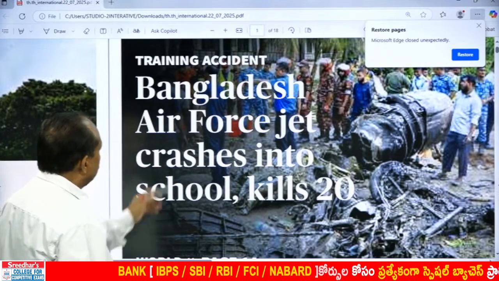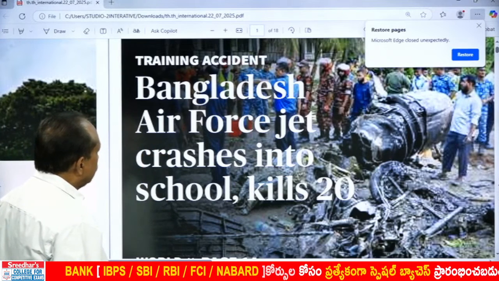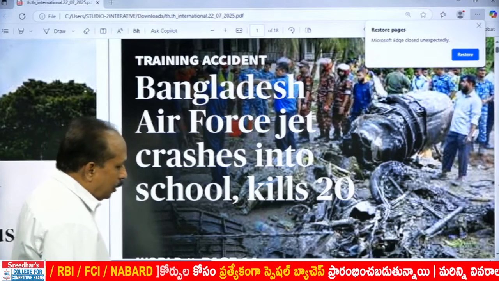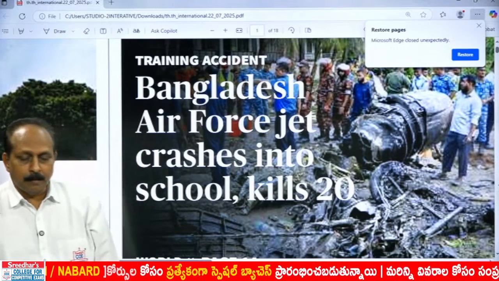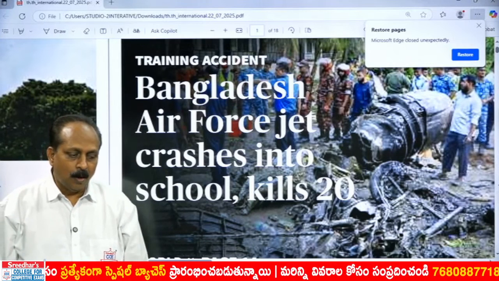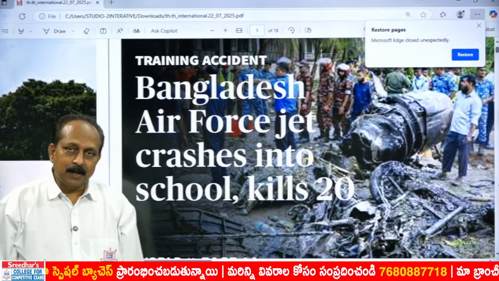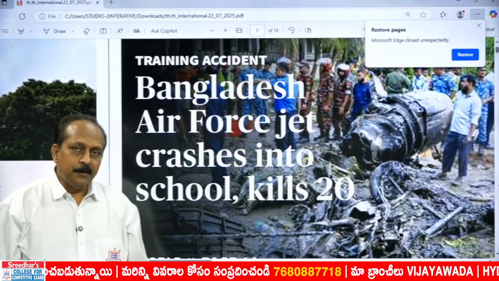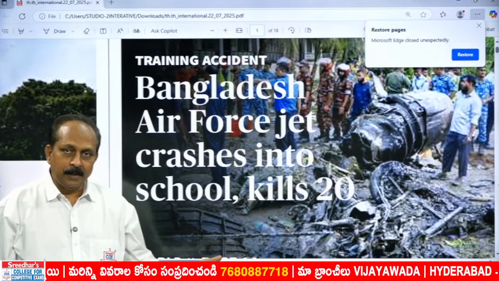Bangladesh Air Force, jet, defense related, crashes into school. Last time, if you remember, the Ahmedabad plane crash crashed into a medical students' hostel, and this time a school. And how many people got killed? 20 of them. A casual learner will look at this snippet and move on.